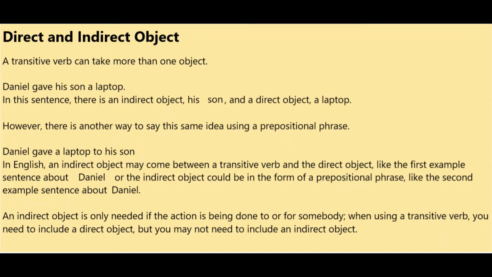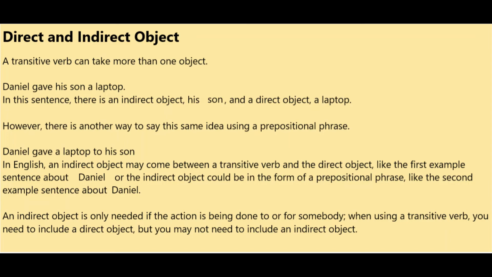When using a transitive verb, you need to include a direct object, but you may not need to include an indirect object. It's not necessary. Daniel gave a laptop. It's understood. But if it is very necessary, to his son. That is the case of the indirect object because it's not very necessary. But the direct object is necessary.